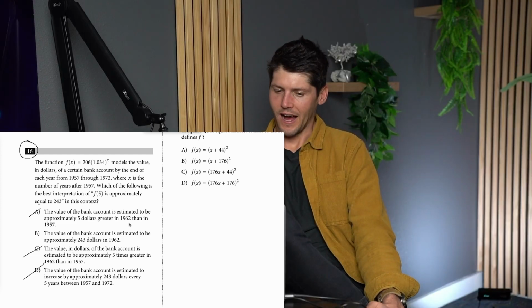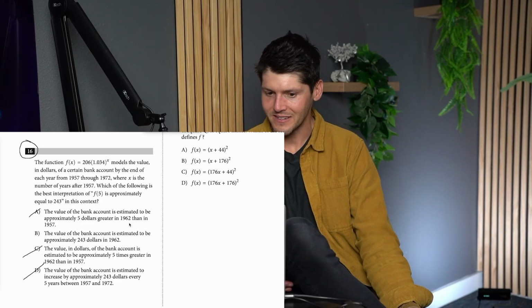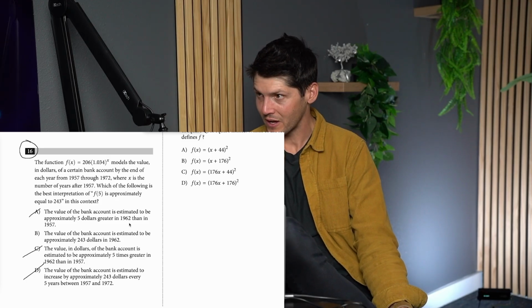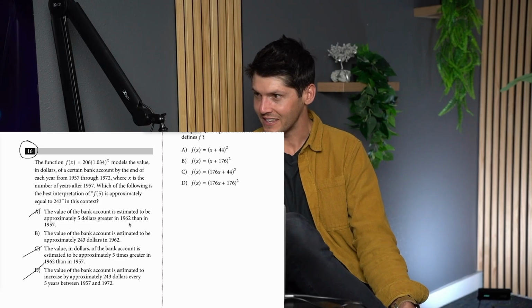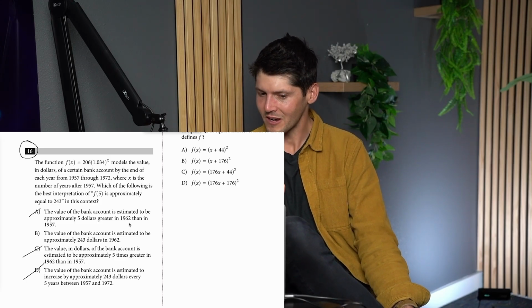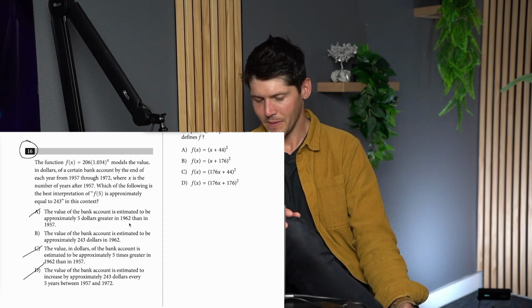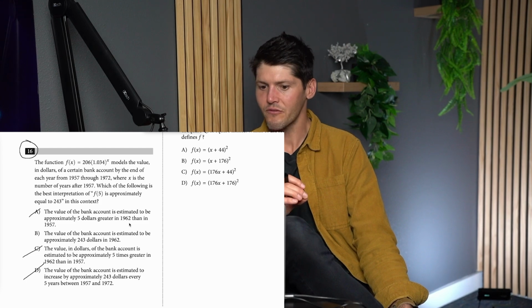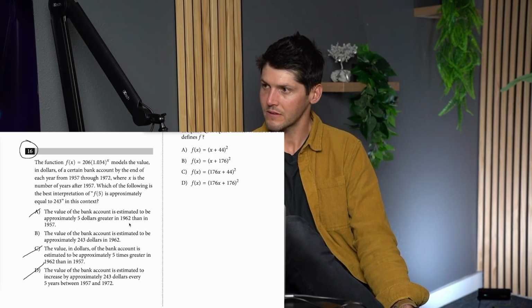Yeah, it's weird. I will say, admittedly for me though, I'm more confident that B is right than I was initially, when I couldn't see what was wrong with D. So let me say what I think is wrong with D. This is saying that every single time 5 years goes by, so that means you raise 1.034 to the power of 5, you're increasing the dollar amount in your account by $243.